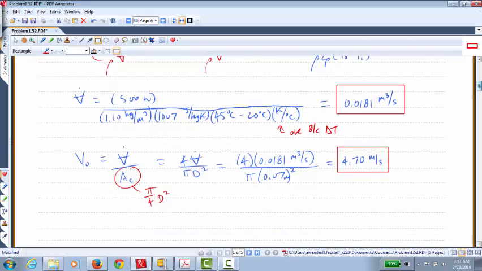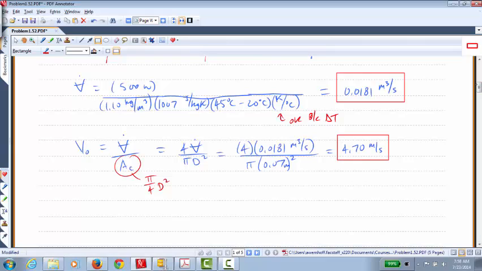Now what you want to do when you look at these problems is make sure the numbers make sense. So one thing we'll do, as a little bit of a bonus here, is take a look and make sure these make sense.